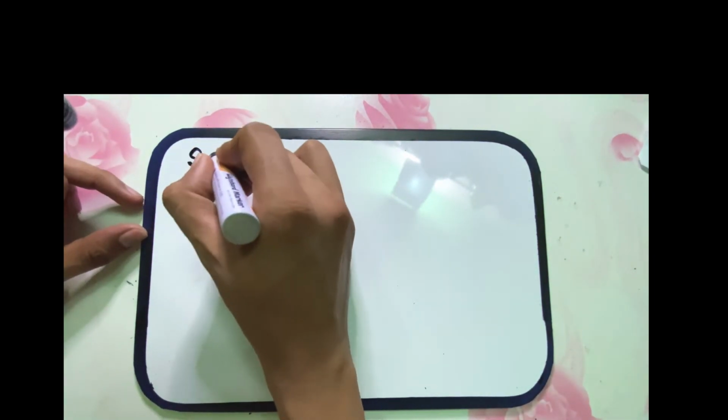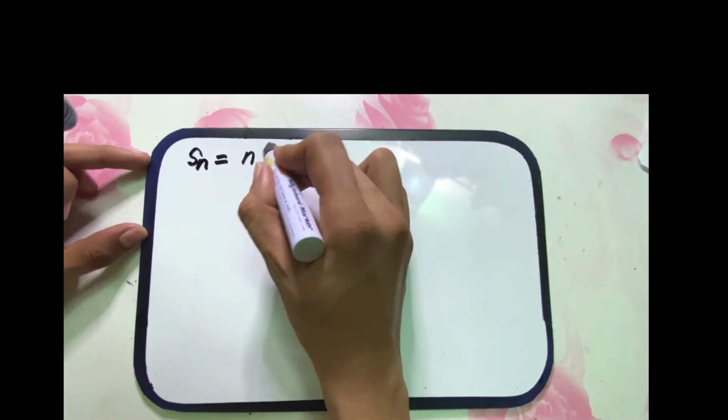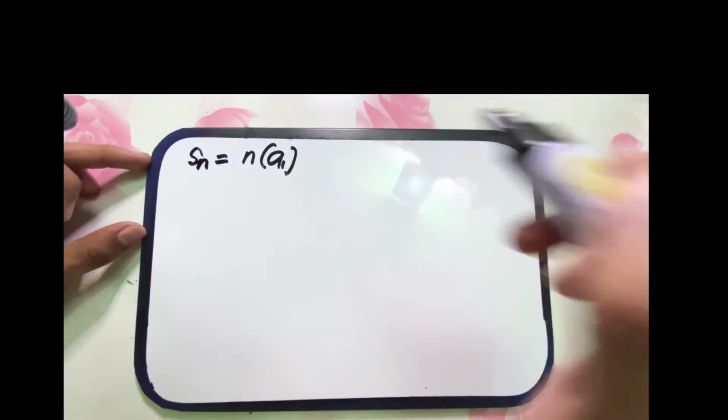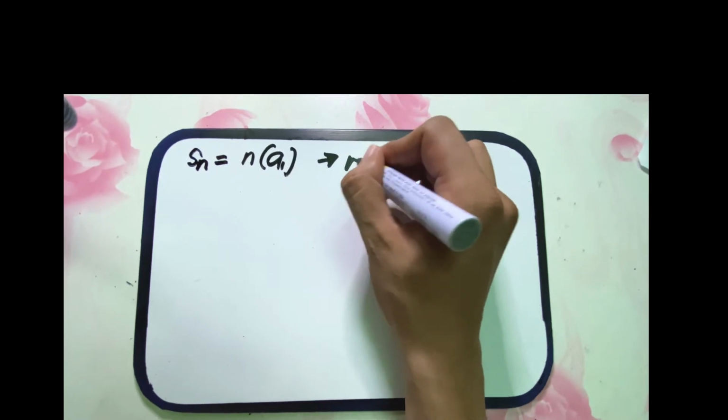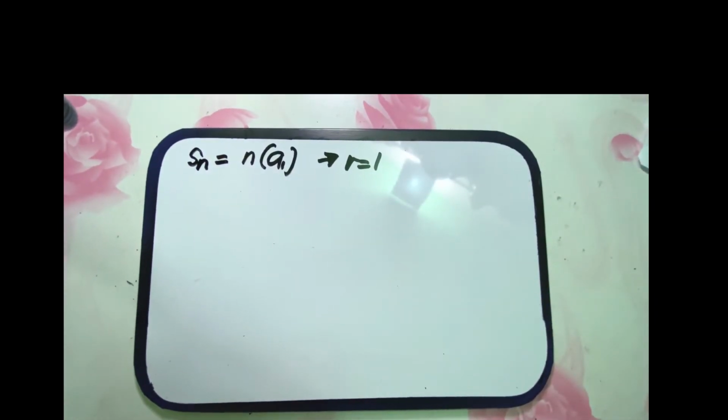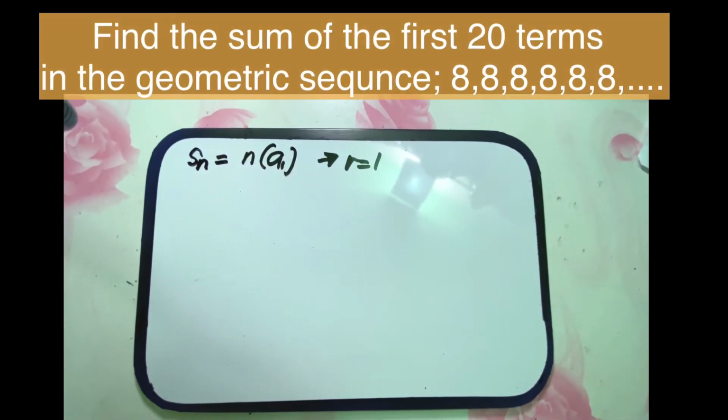Okay, we have the third formula or the third case. S sub n is equal to n times a sub 1. This can be applied if the ratio is equal to 1. For example, find the sum of the first 20 terms of the geometric sequence 8, 8, 8, 8, 8, and so on.